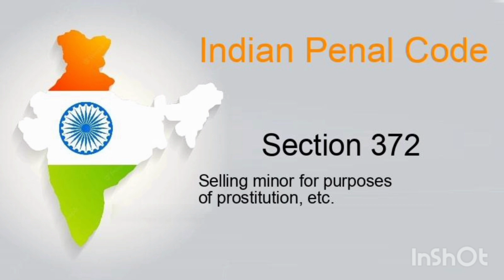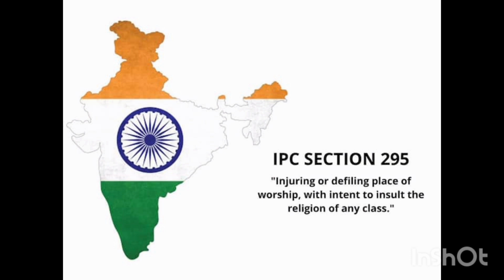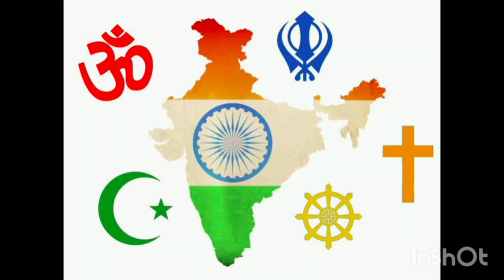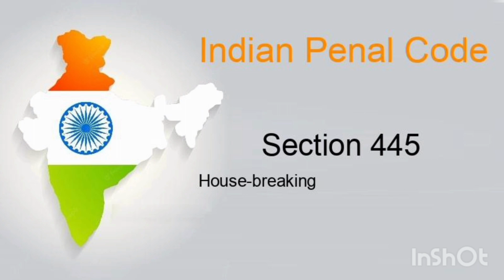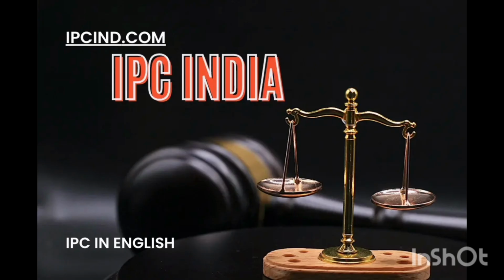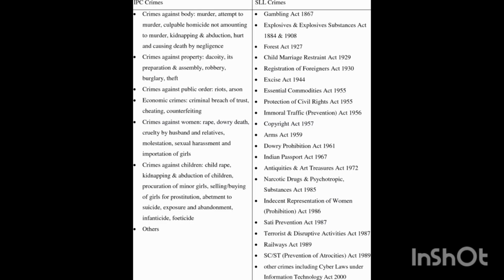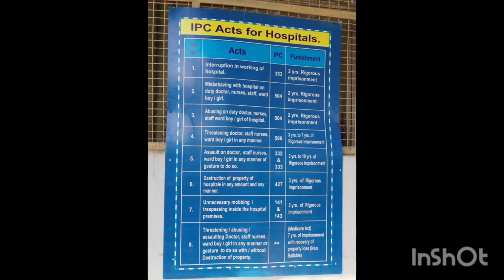Chapter 11, sections 191 to 229, false evidence and offences against public justice. Chapter 12, sections 230 to 263, offences relating to coin and government stamps. Chapter 13, sections 264 to 267, offences relating to weights and measures. Chapter 14, sections 268 to 294, offences affecting public health, safety, convenience, decency and morals. Chapter 15, sections 295 to 298, offences relating to religion.